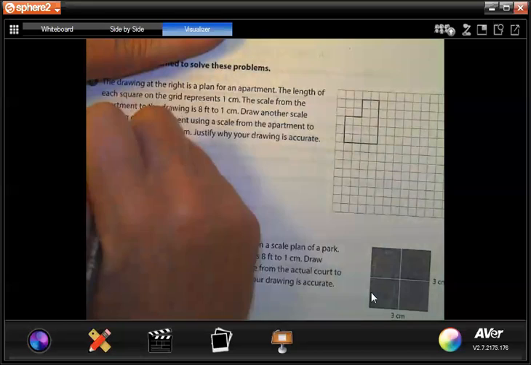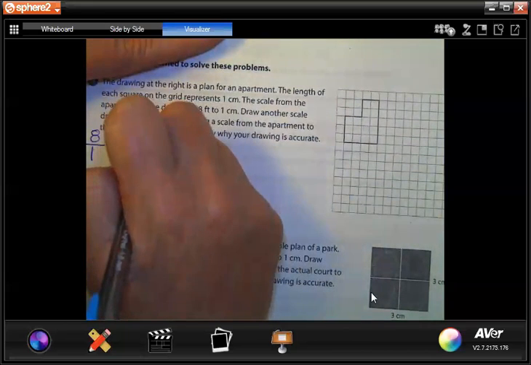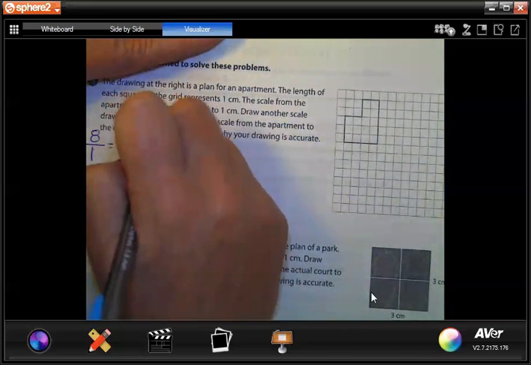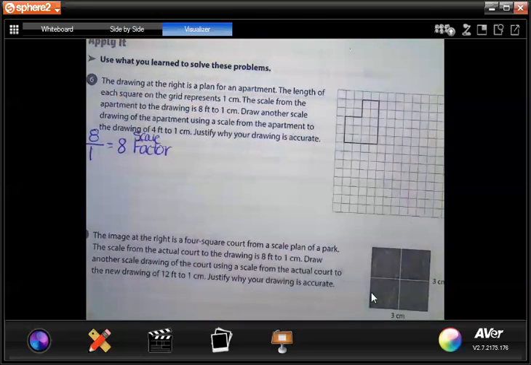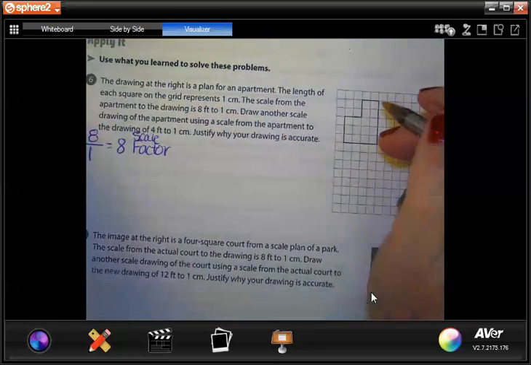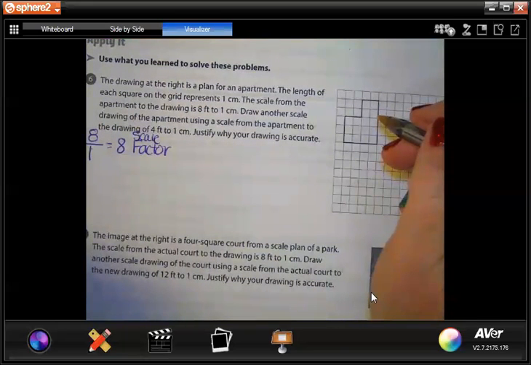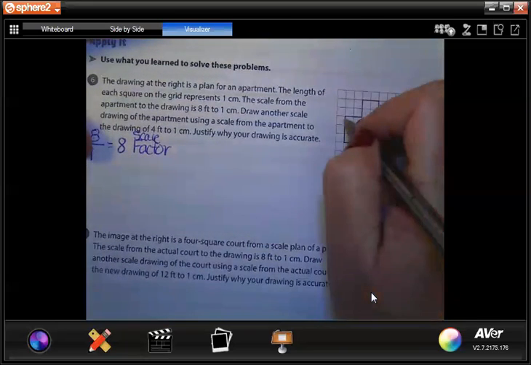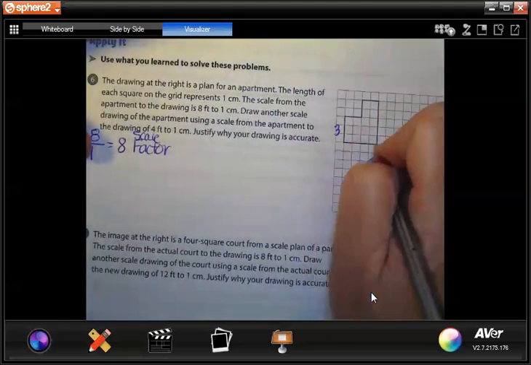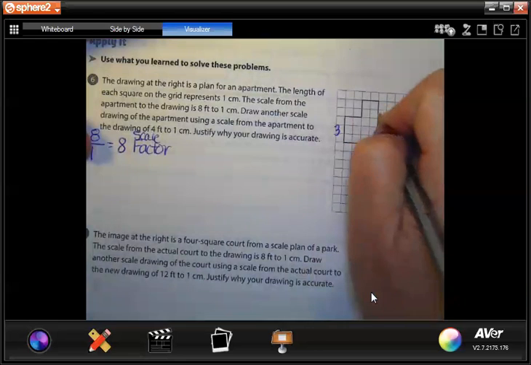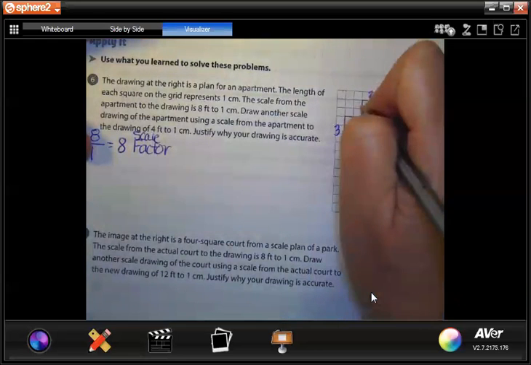So our scale factor is 8. So if you look at this, okay, we know that this side on my drawing is 3. This is 4, 1, 2, 3, 4, 5, 2, 2, and 2.